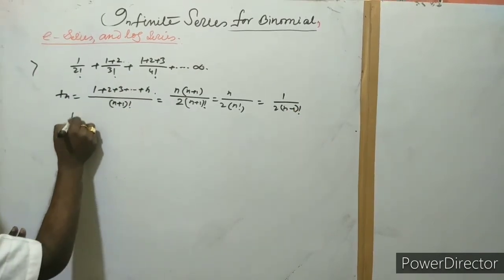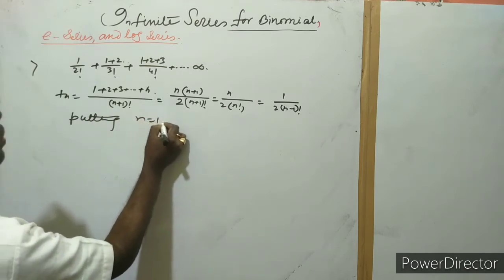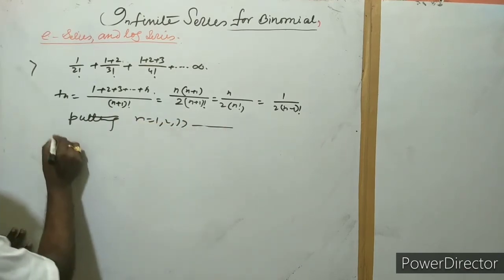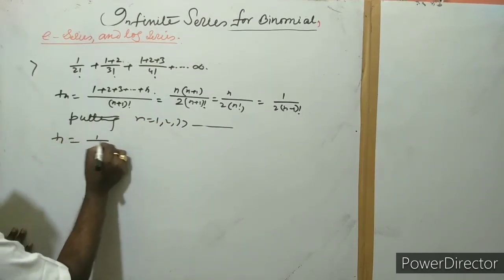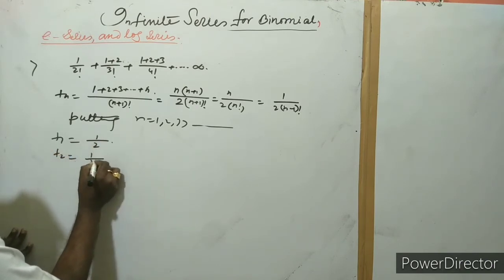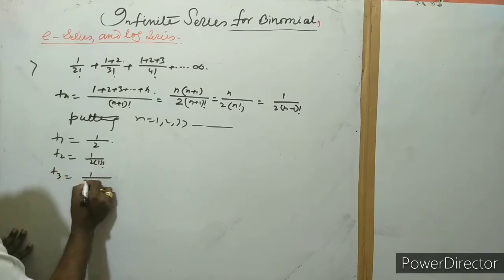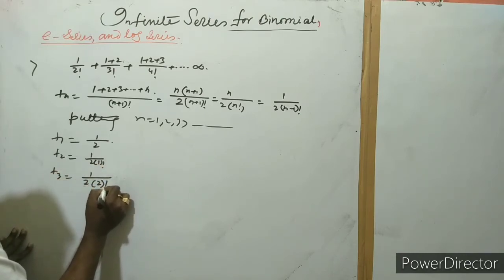So putting n equal to 1, 2, 3 like that, we get here 1 by 2. Then for 2 we get 2 factorial 1 also. And for 3 we get 2 into factorial 2.